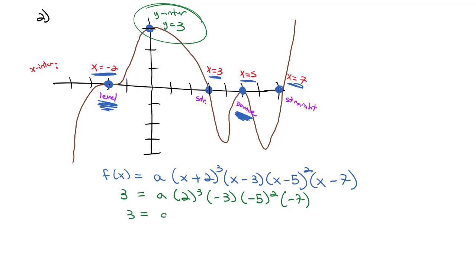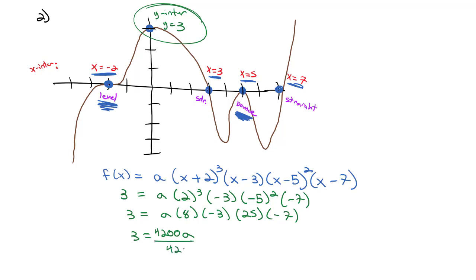So 3 is equal to a times 2 cubed is 8 times -3 times positive 25 times -7. And if I were to multiply those all together, I think we get 4,200.